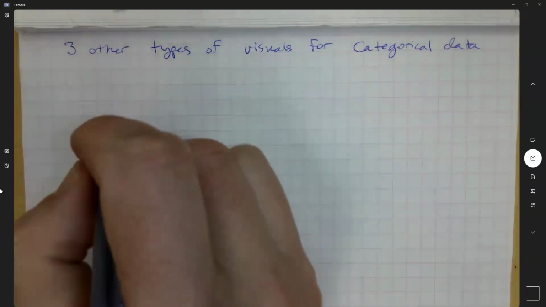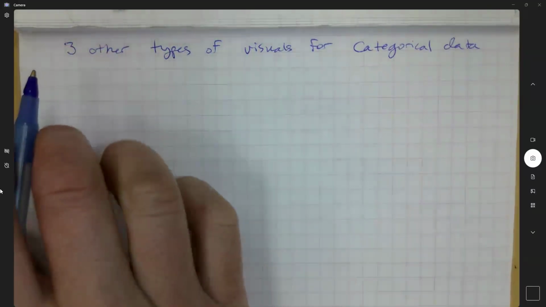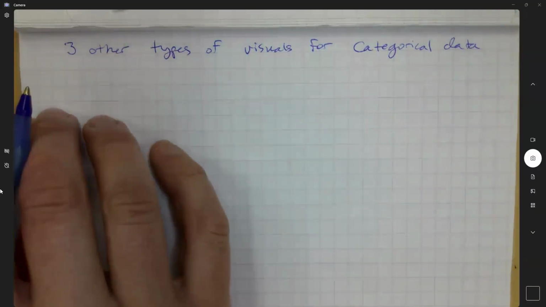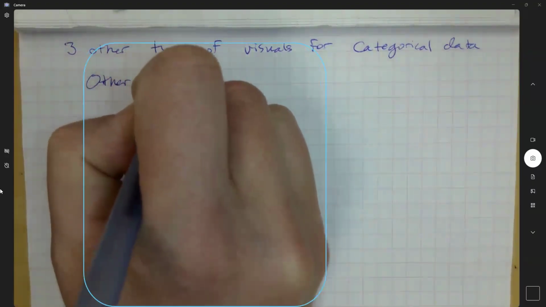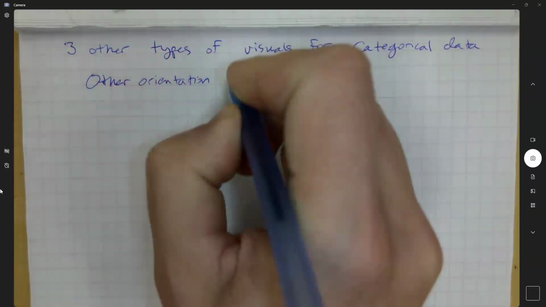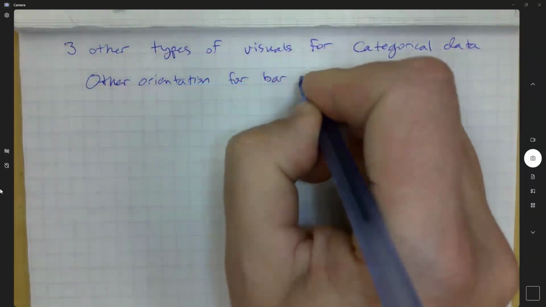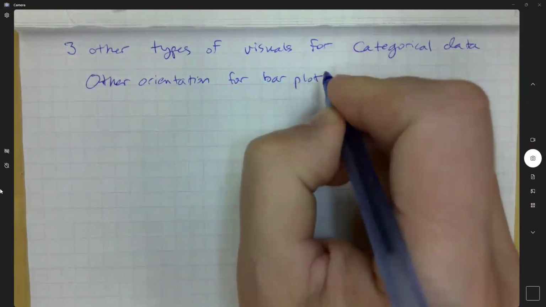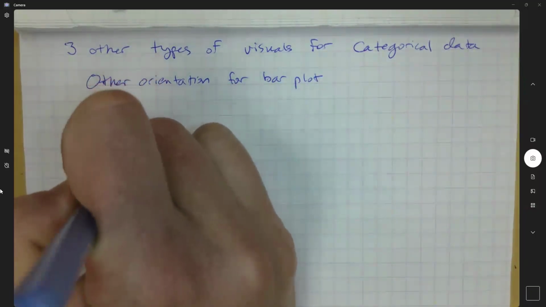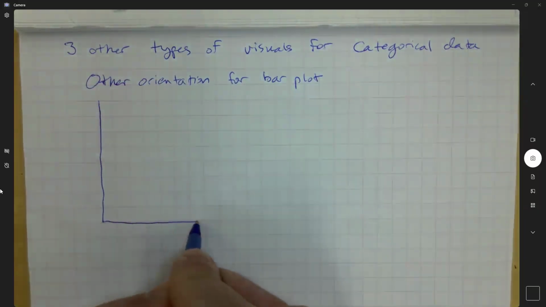There's the other orientation, I guess. Other orientation of a bar chart or a bar... What did I call that? A bar plot. And that basically just switches.